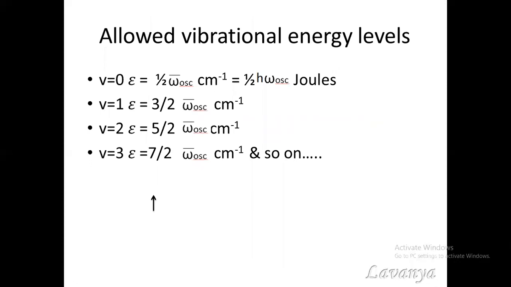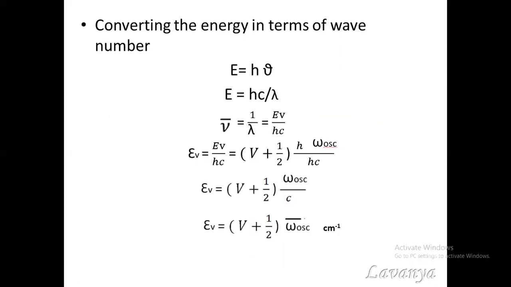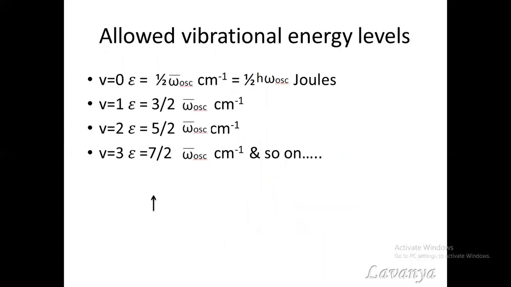And as I told you, the v value can be 0, 1, 2, 3 and so on. Let's calculate the different energy levels. If v is equal to 0, what is its energy in joules and in centimeter inverse? We will get the energy equal to 1 by 2 omega bar oscillation in centimeter inverse. In terms of joules, it is equal to 1 by 2 h omega oscillation.